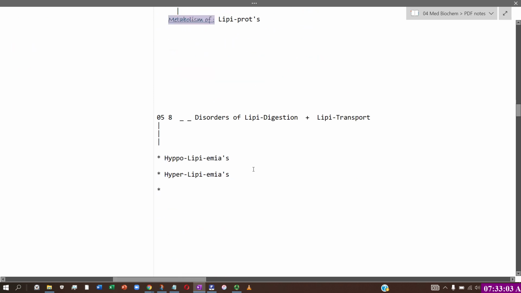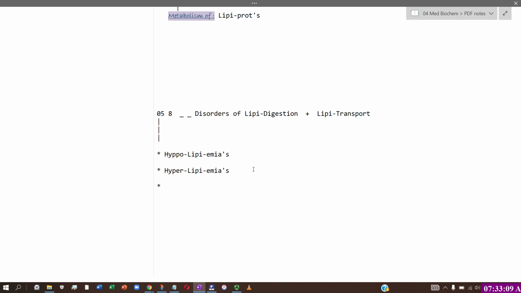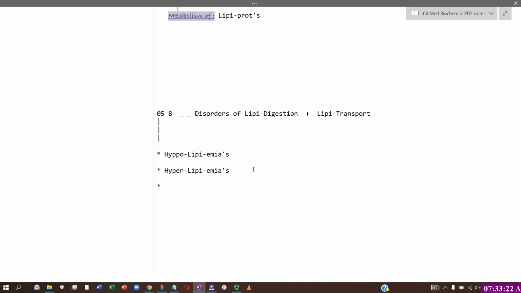PDF number 8 also seems to be short, but that might just be deceiving based on the number of subtopics. So number 8 is about disorders of lipid digestion and lipid transport. So we have hypolipidemia, and then hyperlipidemia.